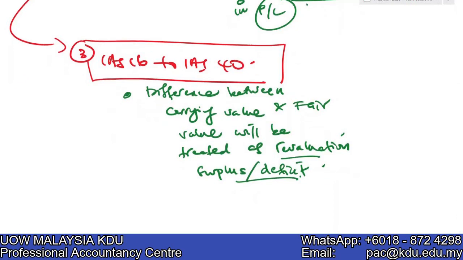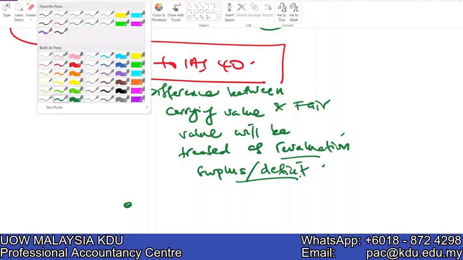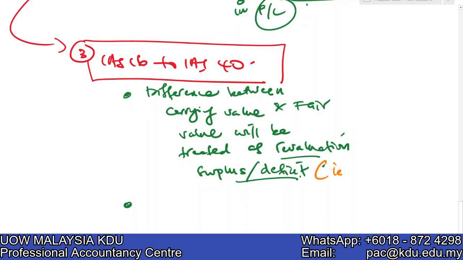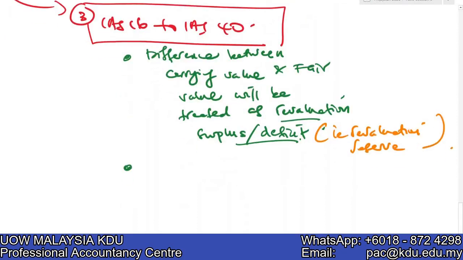Now, subsequent year. First time, the difference between carrying value and fair value is recognized in the revaluation reserve. Treated as revaluation surplus or deficit, meaning it goes to your revaluation reserve. Right? Okay.